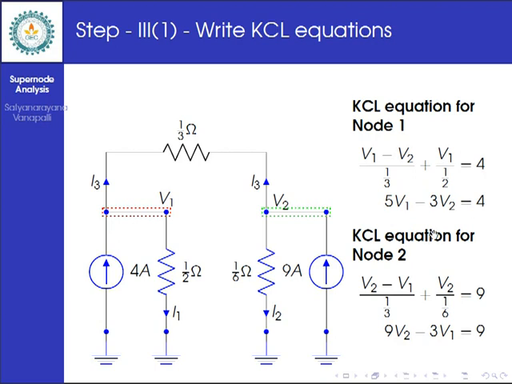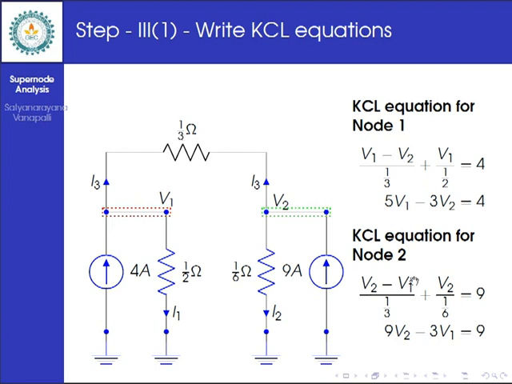Similarly, Kirchhoff's current law equation for node 2. I2 and I3 are leaving and 9 amperes is entering. So I2 plus I3 is equal to 9 amperes. Now the value of I2 is equal to V2 by 1 by 6, and I3 is equal to V2 minus V1 by 1 by 3.